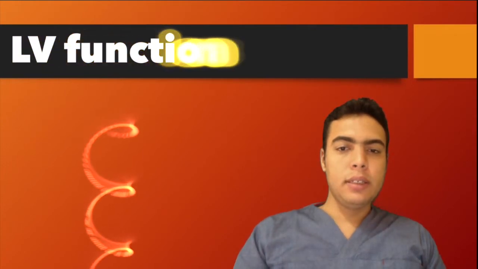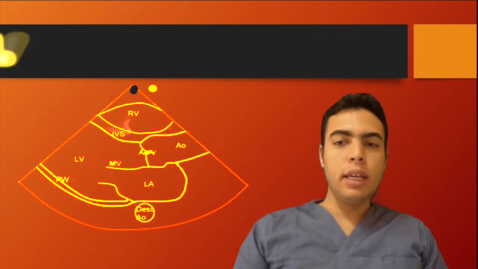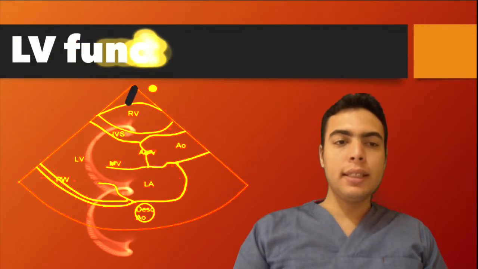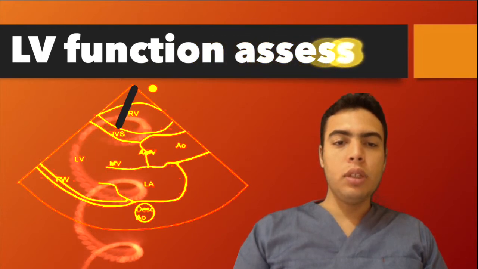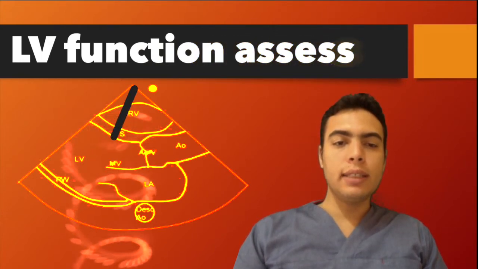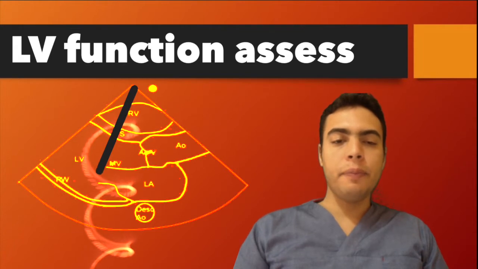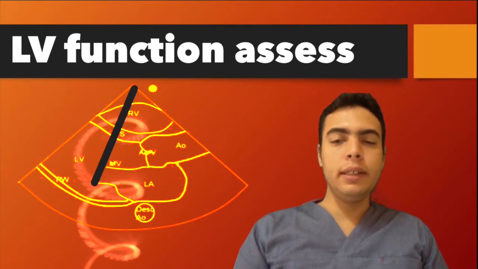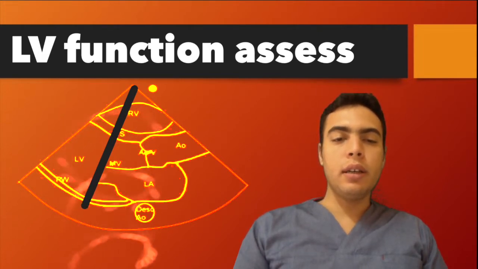And now let's talk about the left ventricular function assessment. Actually, when it comes to assessing the left ventricular function, we add M mode in the parasternal long axis view, as you can see here, after the aortic area, the LVOT, and just below the mitral leaflet portion.